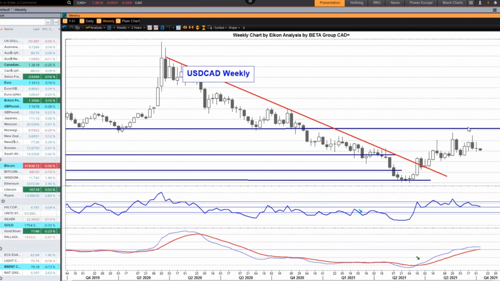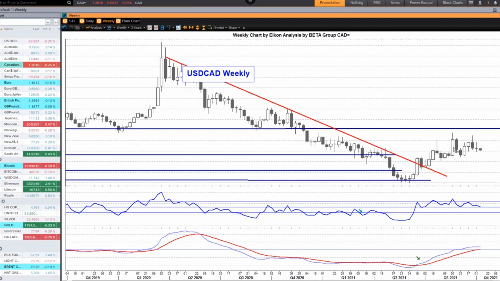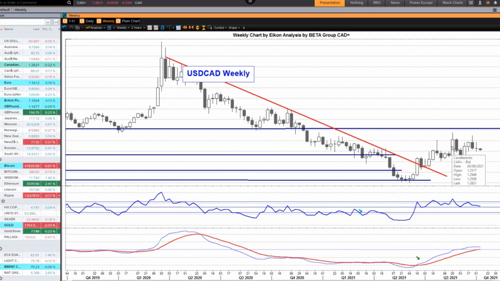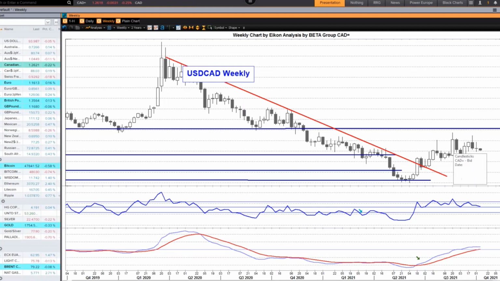We've got the rising lows pattern, rising highs pattern in here, and we've got dollar resistance of 129.38, and also at 128 itself.